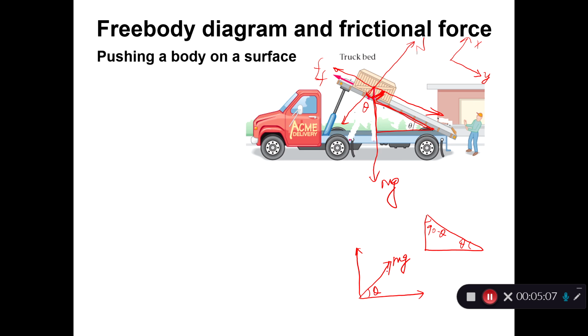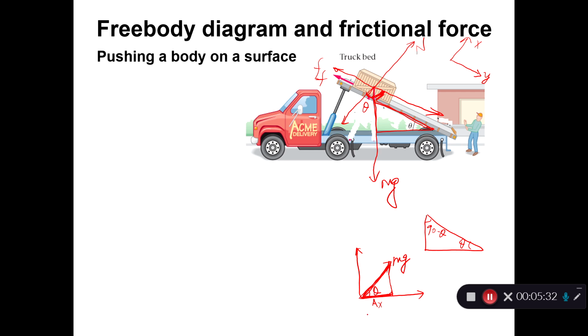How do you calculate the x component? I know the hypotenuse and I have to calculate the base, so the relation is cosine. Let's call the x component ax.